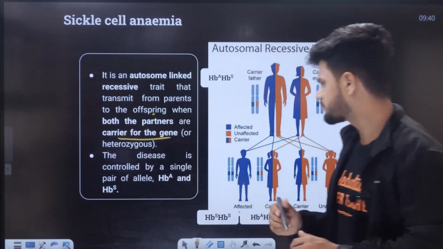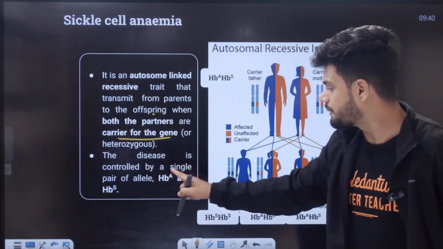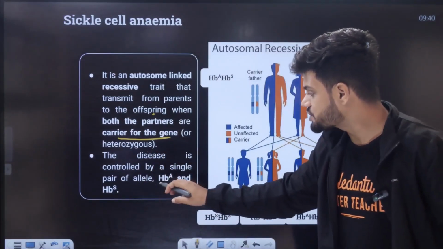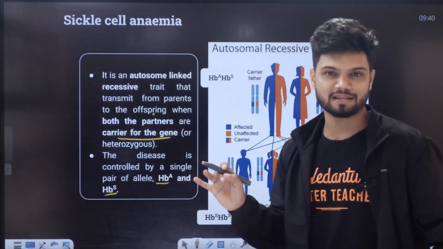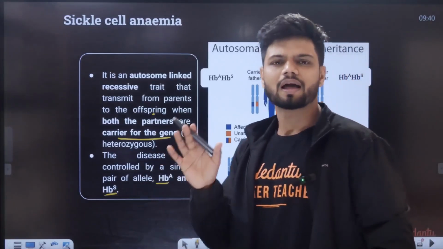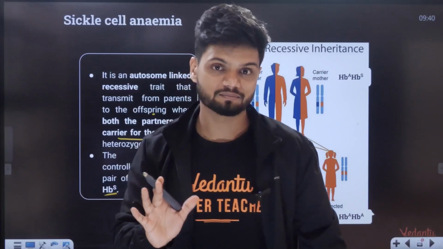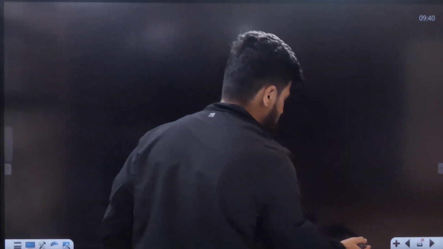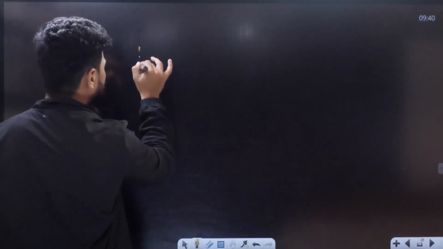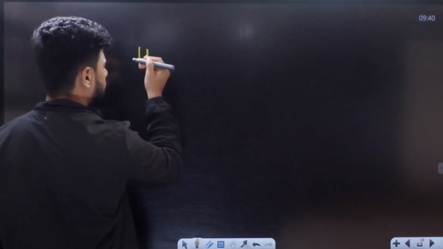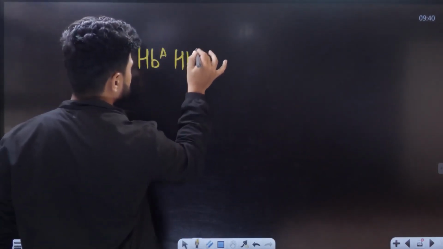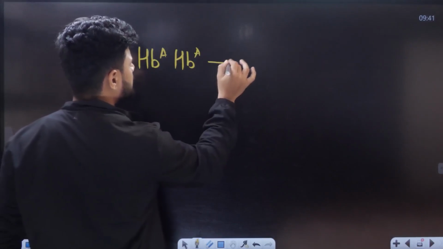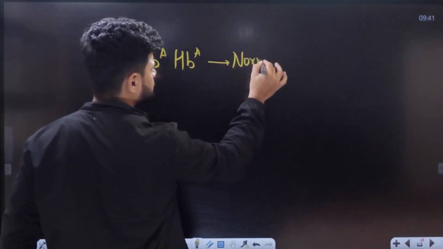I'll show you. See, the disease is controlled by a single gene or pair, that is HBA and HBS. HBA is normal, HBS is sickle cell. For example, students, see this. If a particular parent has HBA and HBA, or any human has HBA HBA, it is normal condition.